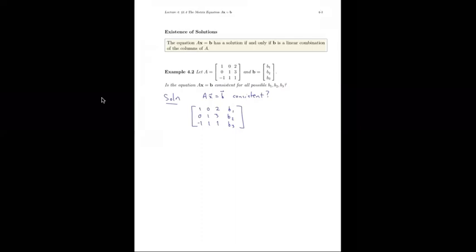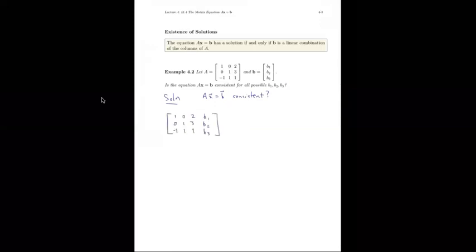So in order to find whether or not this is a consistent system, we need to put this into row echelon or possibly even reduced row echelon form, and then see whether or not there is a pivot position in this column. If there's a pivot position in the rightmost column, then we're in trouble because there will be a row of zeros preceding that, and then this value, whatever it is over here, won't be allowed to be 0. So that's a description of where we're going to land, but let's get there and then interpret the result.